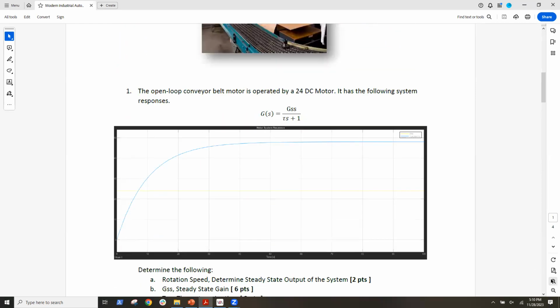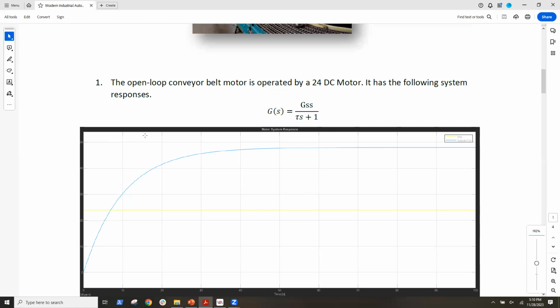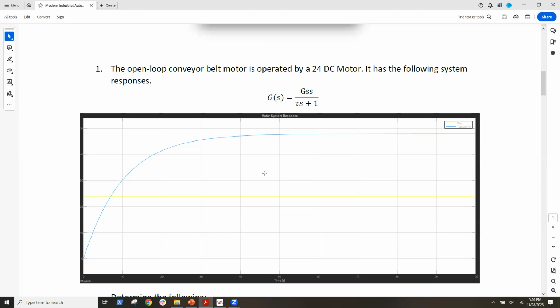I know this one was kind of hard to read here, but it went to around, let's say 57, 58, for example. So given this response, and I gave you the first order system equation, what is the GSS of this system? Compute the tau of the system.